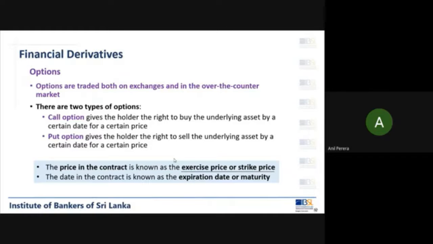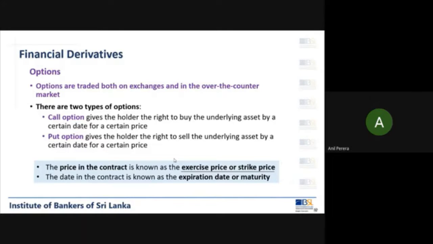So we can define options as financial contracts which give the right to buy or sell a fixed quantity of a financial asset. It could be a commodity, currency, or whatever, at a future date, at a price agreed in the contract at present.